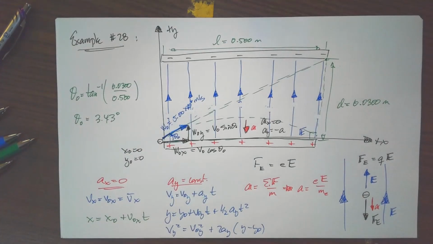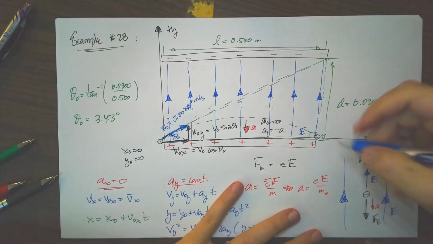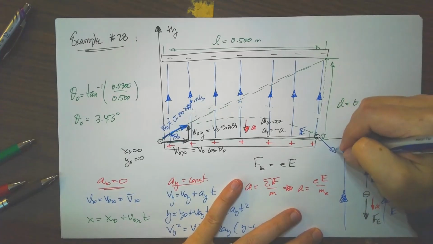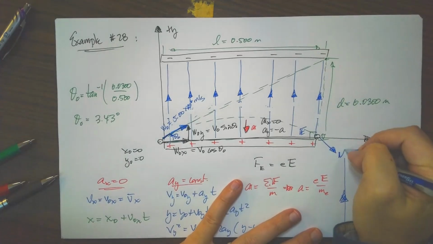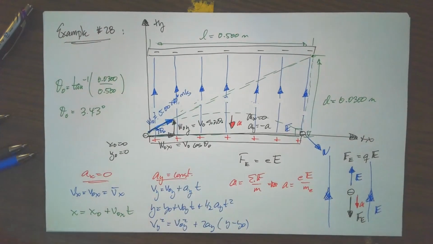Now, when I look at this picture, if we want the electron to just leave the apparatus and go out this way, if we want it to just make it out, then we want to determine what electric field value produces this motion.